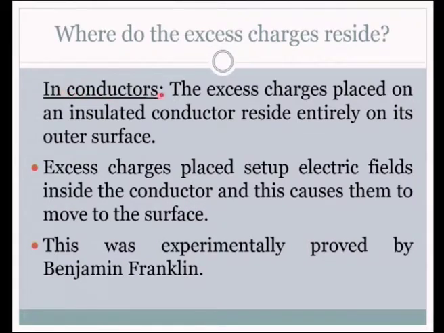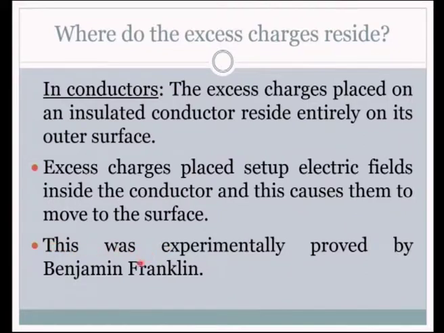In conductors, the excess charges placed on an insulated conductor reside entirely on its outer surface. Excess charge sets up an electric field inside the conductor, and this causes the charges to move to the surface, because in a conductor the charges can freely move.